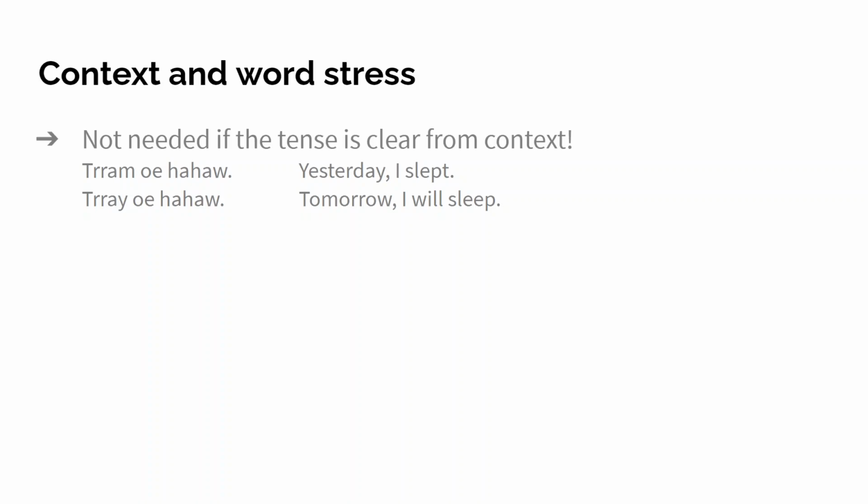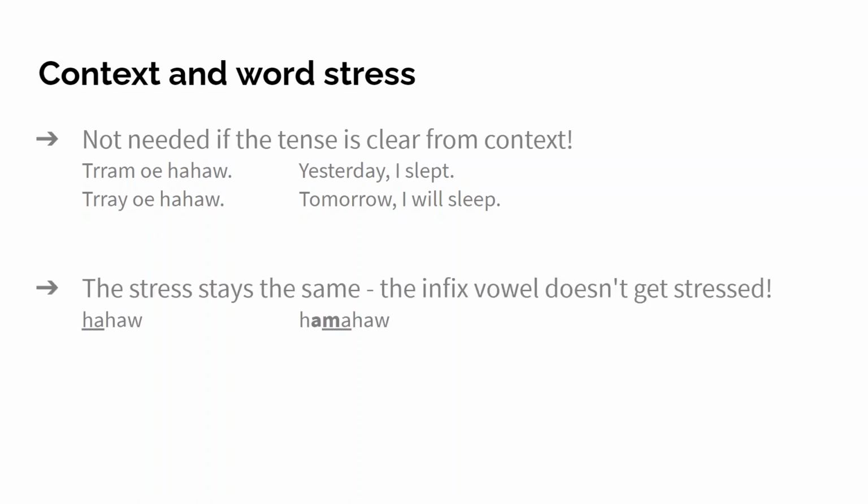So when you're telling a story about something that happened last week, then you need the tense maybe once at the beginning to set the context to make clear it's in the past, and then you can just use the bare verb afterwards. So context does a lot in Na'vi, and you can leave a lot of stuff out.